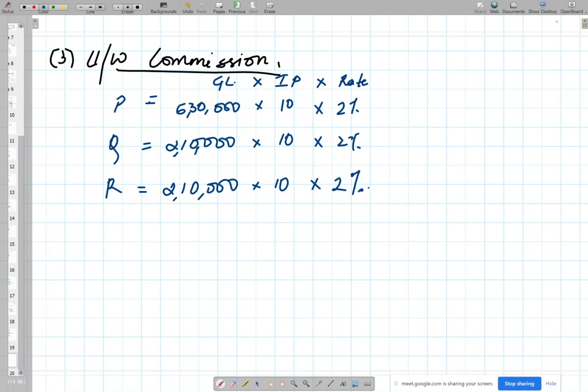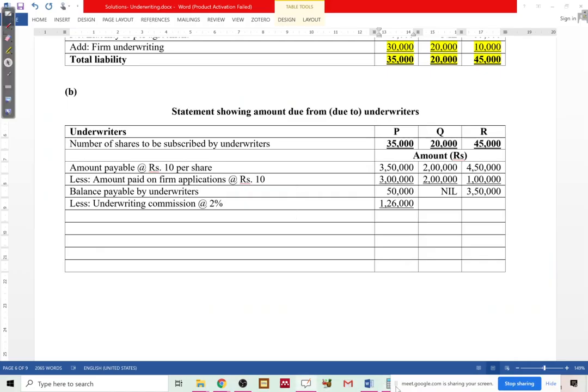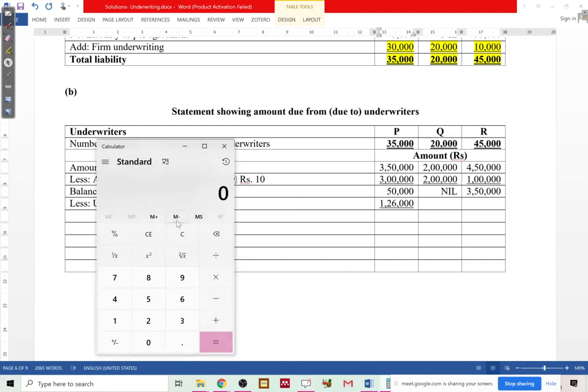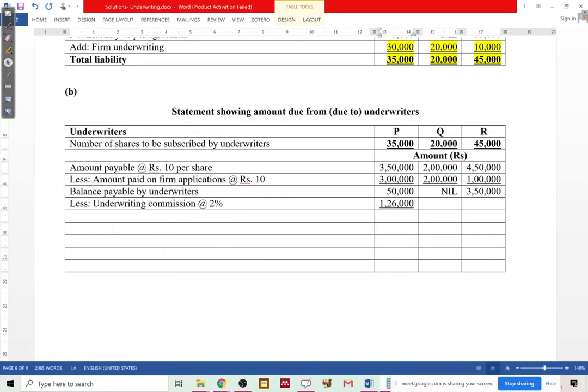So 2,10,000 multiplied by 10, multiplied by 2% gives you 42,000. That means both Q and R will get 42,000 as the commission. Is this clear to you all so far?